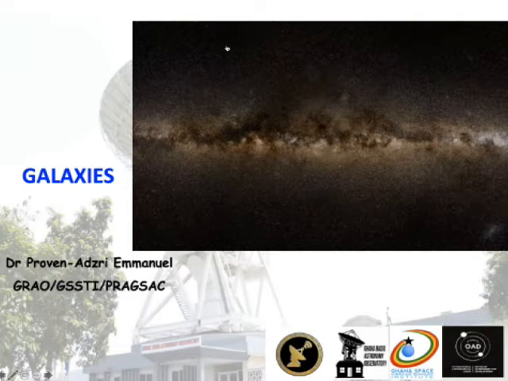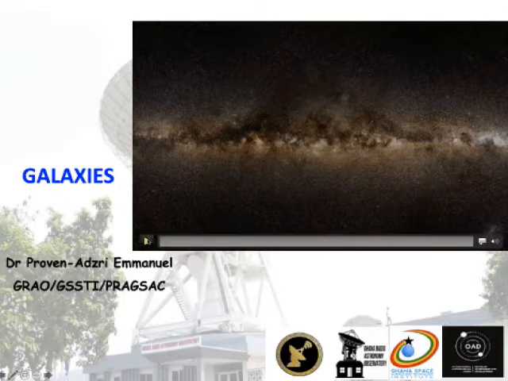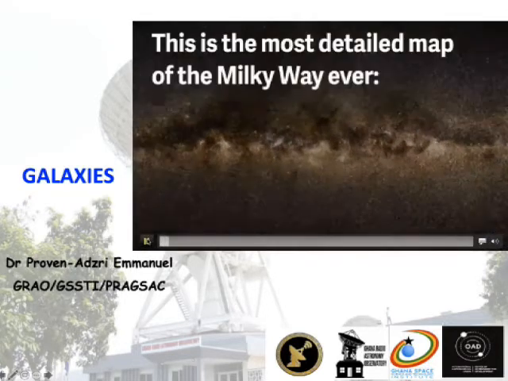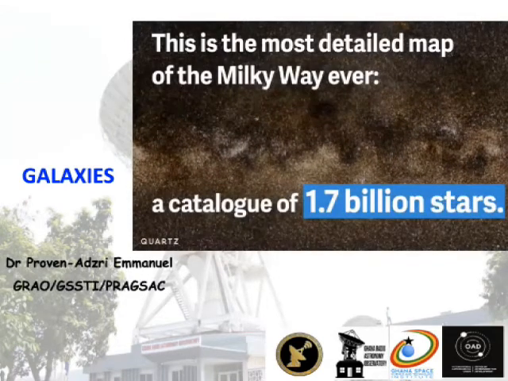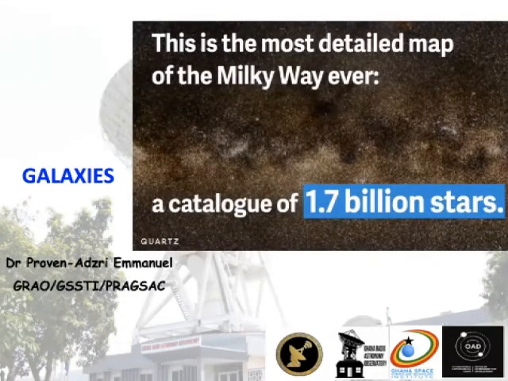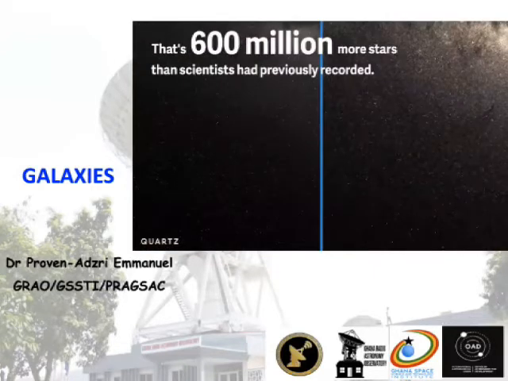Without much ado, the picture on the screen is the Milky Way galaxy. This is the most detailed map ever of the Milky Way galaxy, showing a catalog of 1.7 billion stars in the universe.